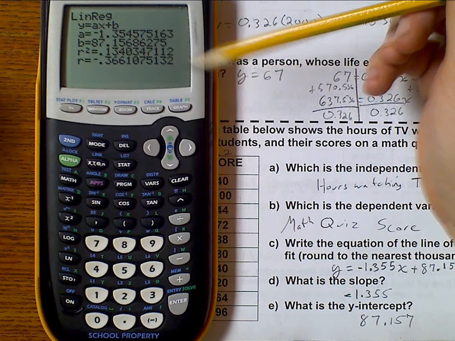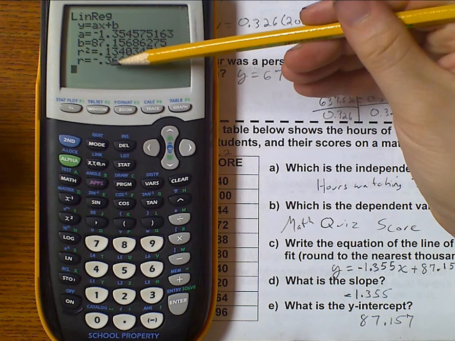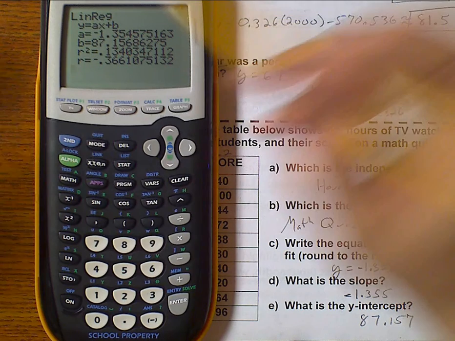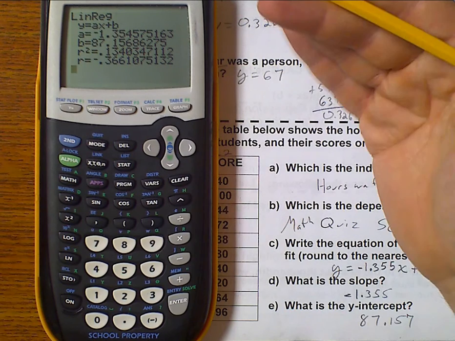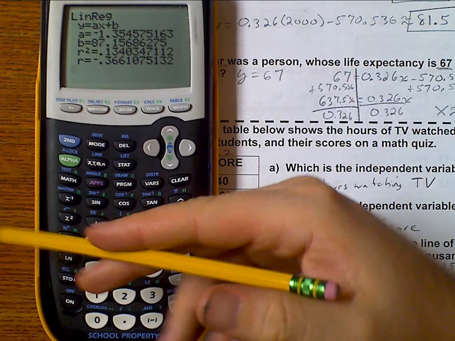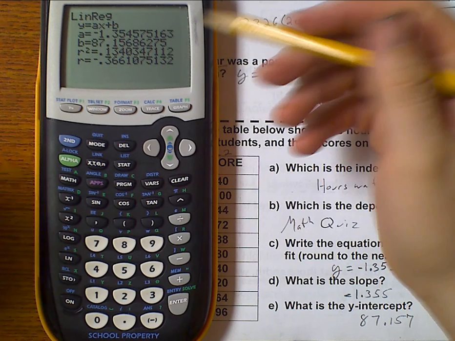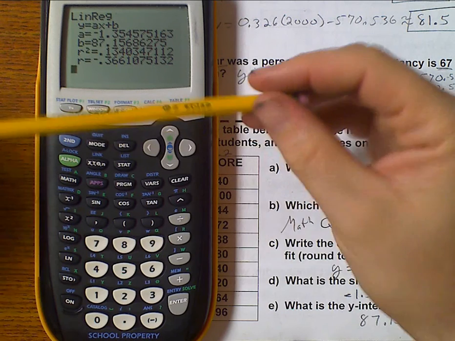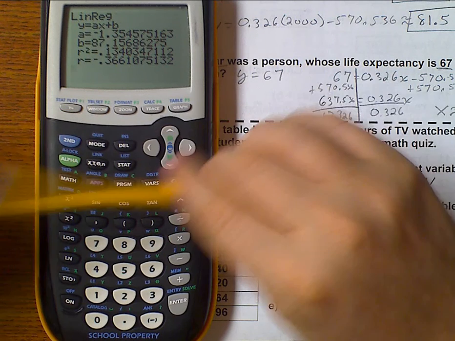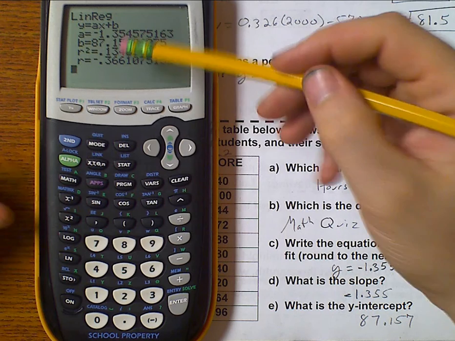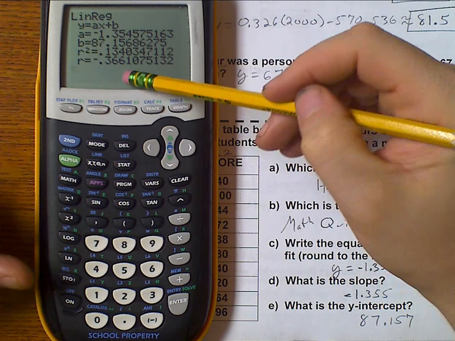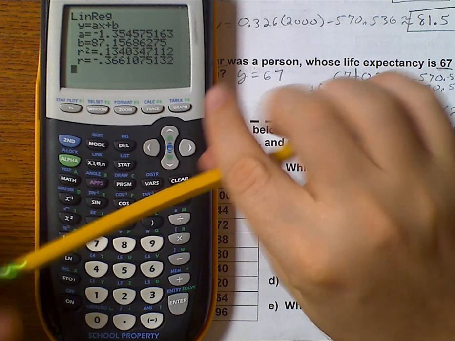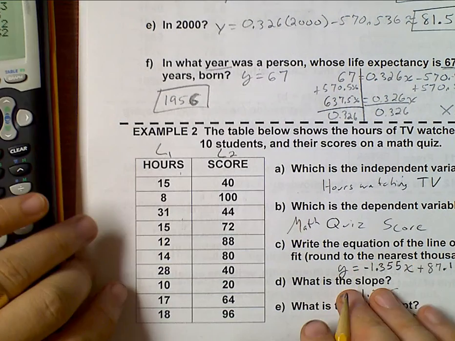And over here, my R value is 0.3. What that means is that for the life expectancies in the years from 1900 on, there was a high correlation value. That means that that line predicted it extremely well. Because I have such a low value here, this line is a poor predictor. It is a very poor predictor.